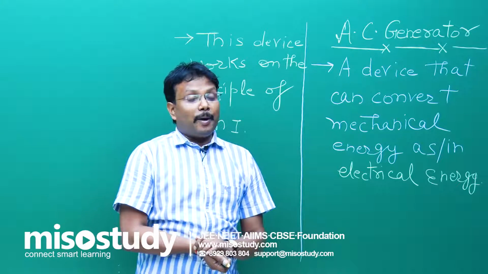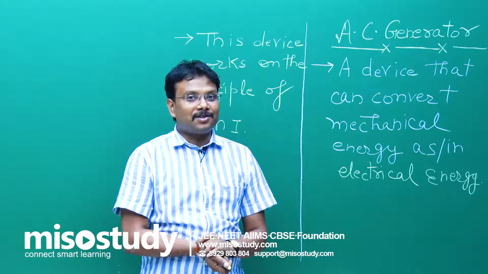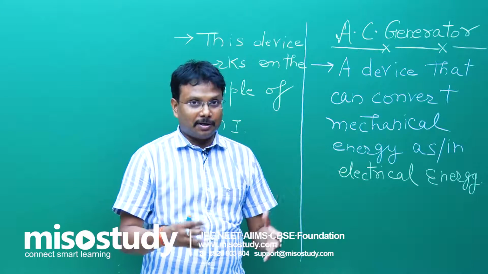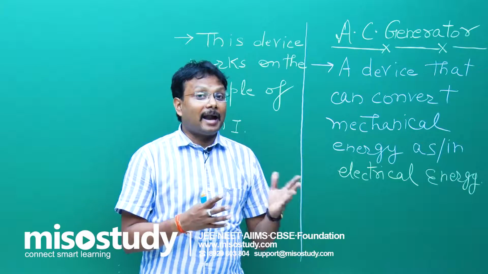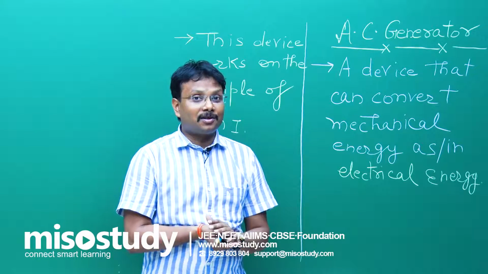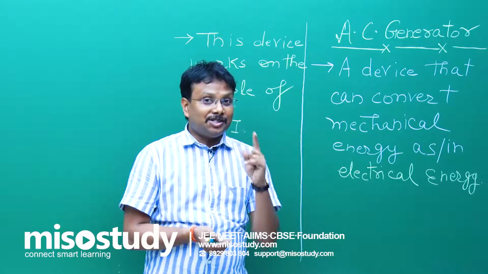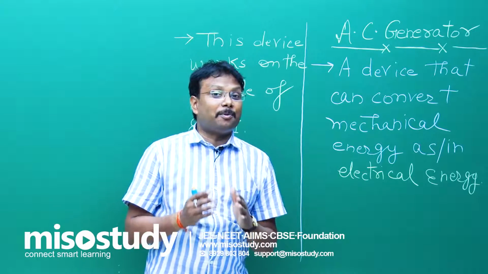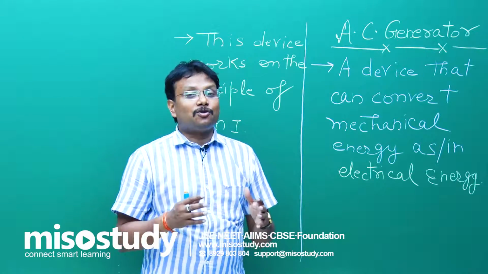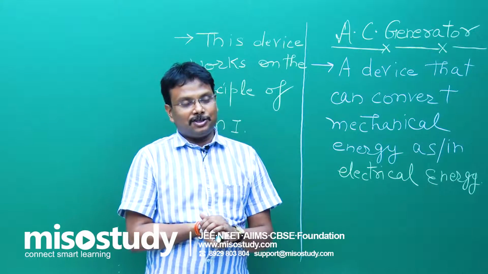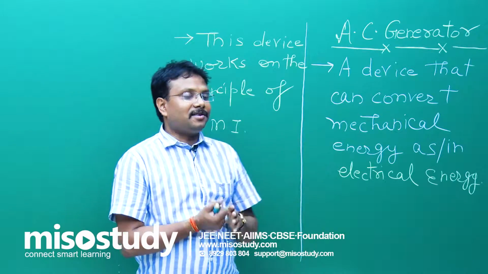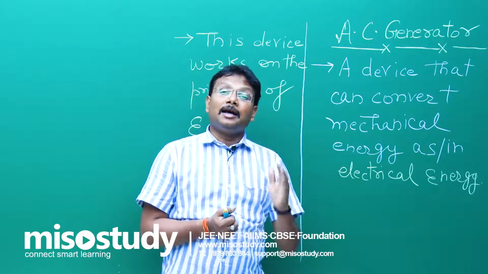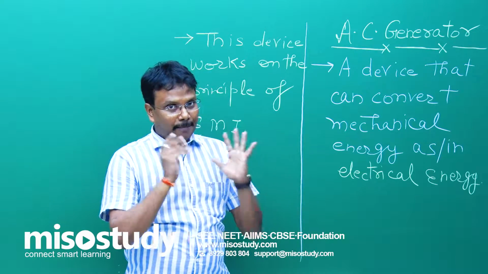By burning this fuel, a chemical process, adding air, then combustion, then the piston works. So first chemical energy gets converted into mechanical energy, and then mechanical energy is ultimately responsible for the flux change, so finally it is electrical energy. Ultimately, this device converts one form of energy, chemical or mechanical, into electrical.